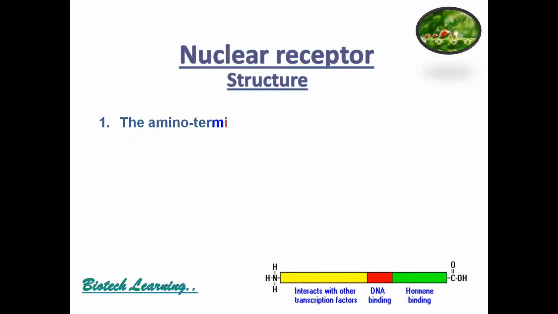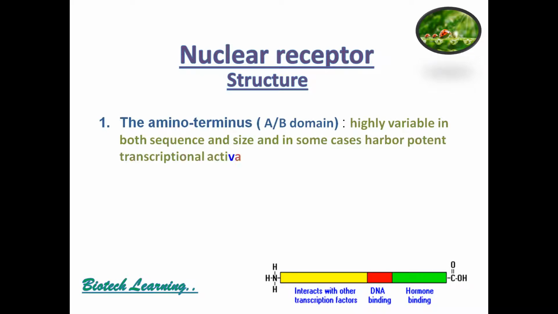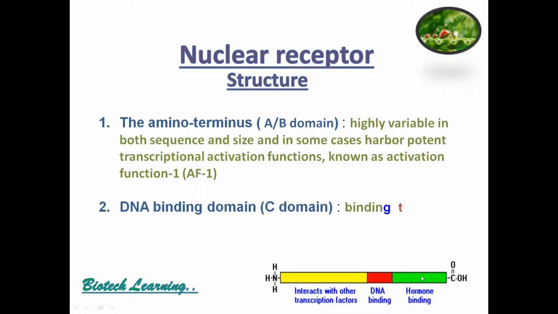So nuclear receptors have this common structure. The receptor has an amino terminal and a carboxy terminal. And this amino terminal interacts with transcription factors, so they have transcriptional activation functions. And then, since this is a receptor, of course, it will bind to a ligand or a signal, which could be a hormone.